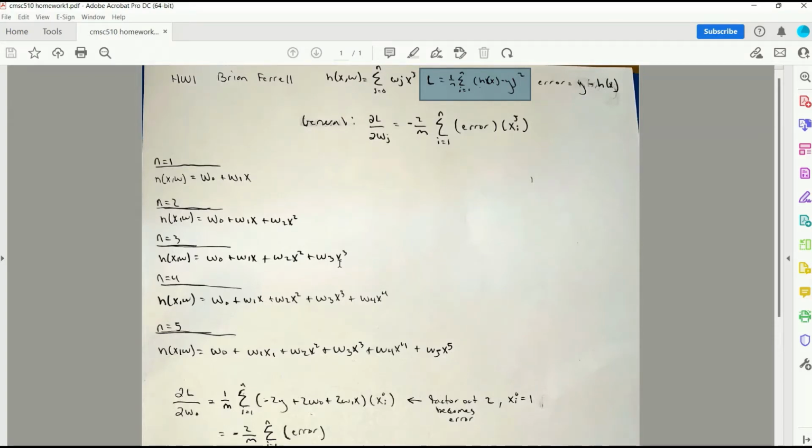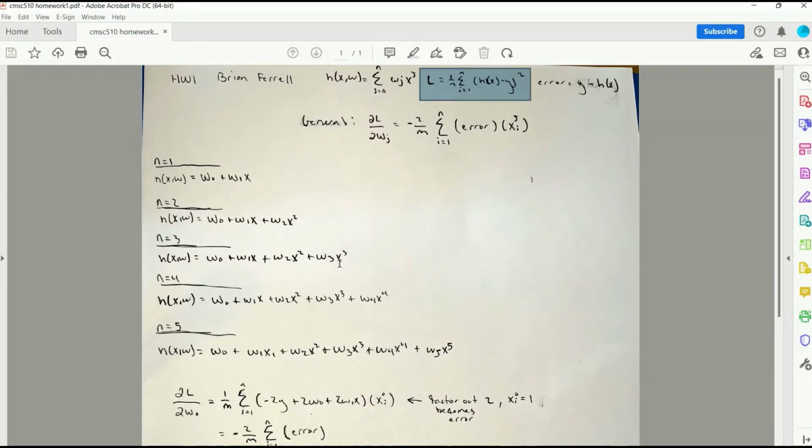We evaluate the negative gradient of the loss and take a step in that direction, right? So we start with random weights, then we calculate the loss. We calculate the gradient with respect to each weight, and then we multiply it by the learning rate and subtract it from the old weight to get our new weight.